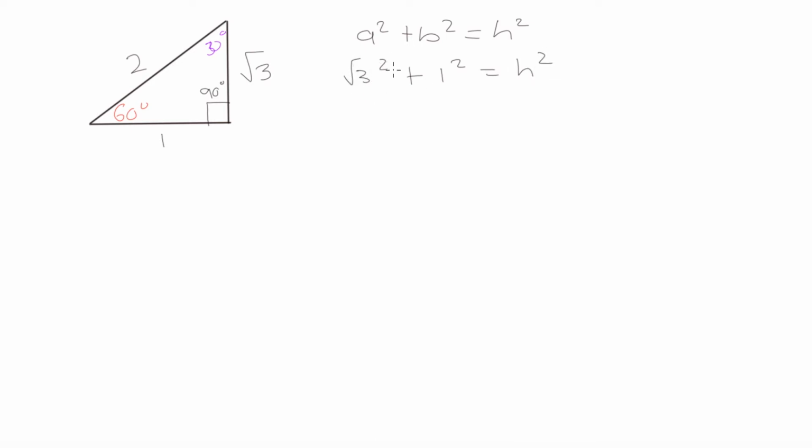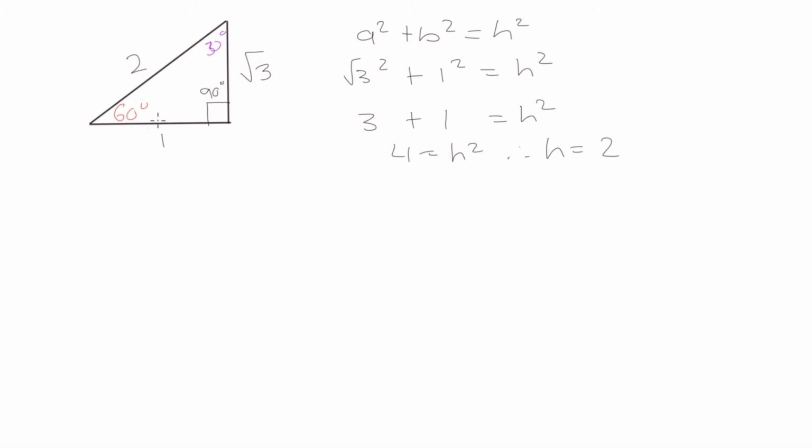The square root of 3 squared is just going to be 3, and 1 squared is 1, so we know that 4 is equal to h squared, which means that h is equal to 2, because if we take the square root of both sides, we isolate for h. So we can solve that just using the Pythagorean Theorem.